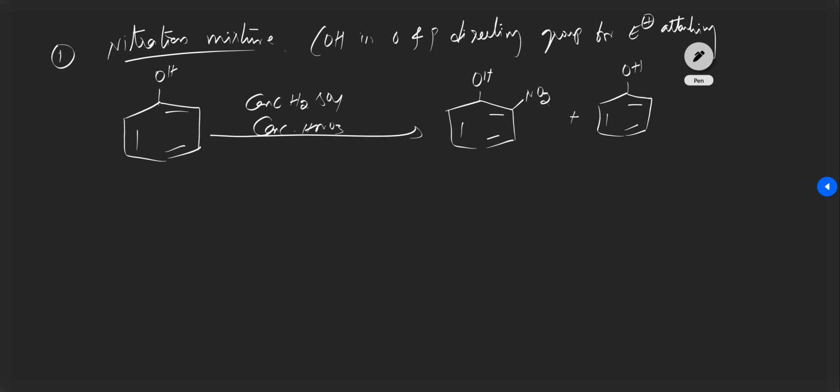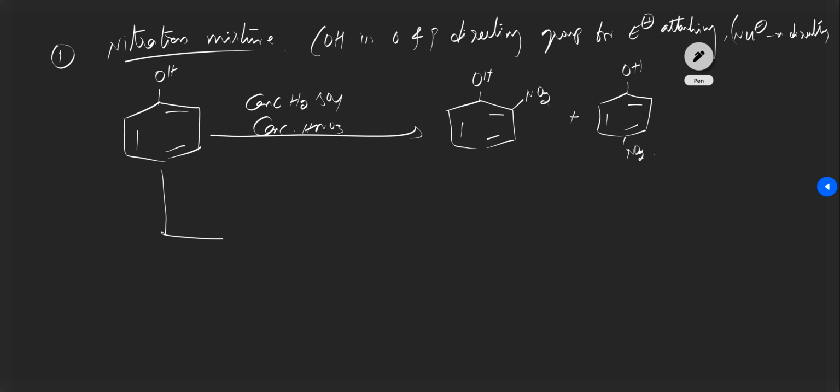For a nucleophile, it is meta directing. So it is going to form ortho and para isomers of phenol.